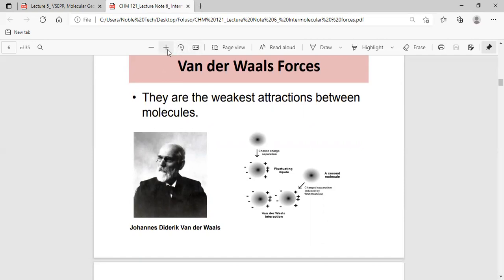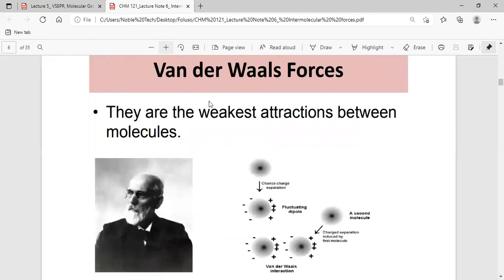If I may expand this for you to see this very well, you have these molecules, and you have instantaneous fluctuation in the dipole. So there is like a charge separation, and that charge separation between one molecule and the other molecule creates that Van der Waals interaction. This Van der Waals interaction is not really a strong interaction.